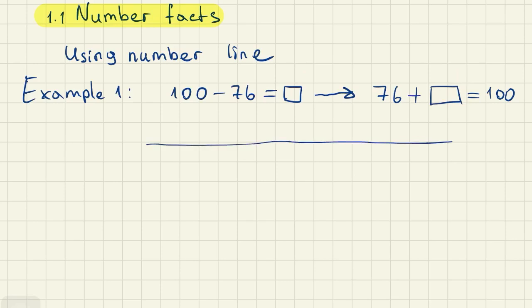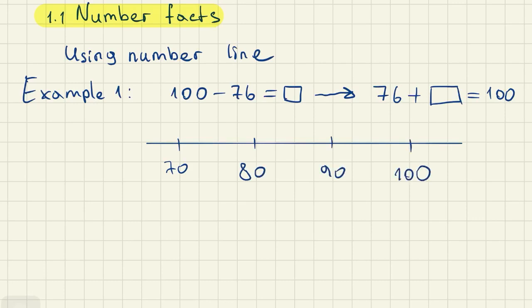We have to use a number line for this, and then we go 70, 80, 90, we get to 100. So we have to find 76 on this number line. 76 is probably going to be around here, between 70 and 80. So we go 76. First we make a small step to 80. 76 to 80. We have to add 4 to get there.